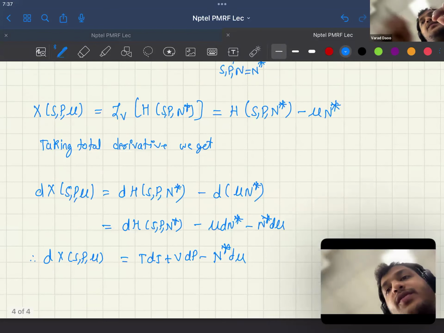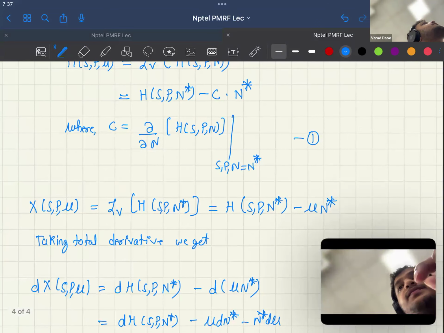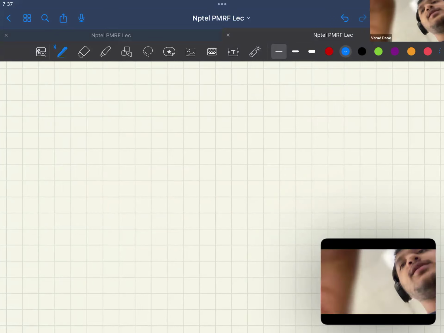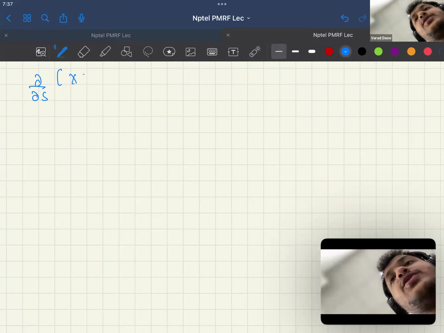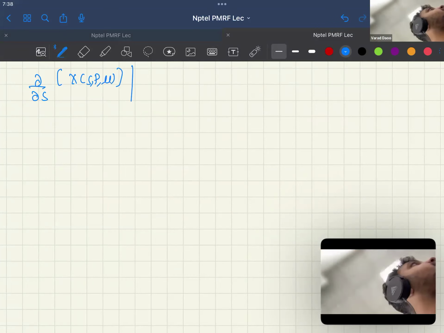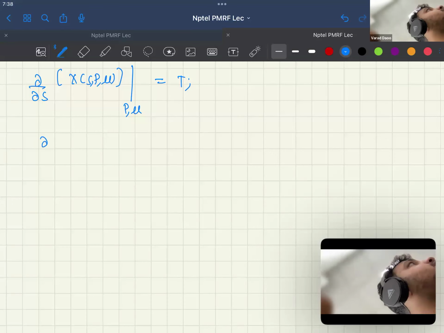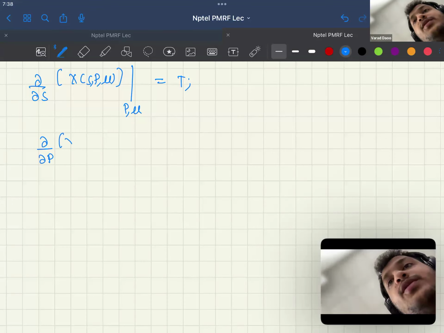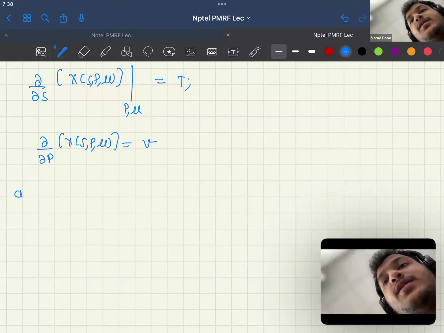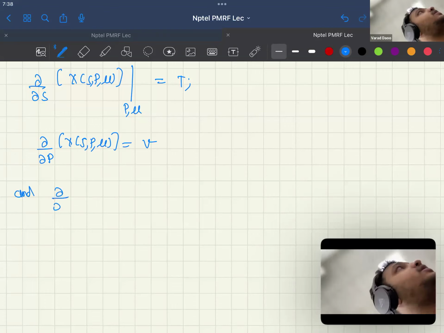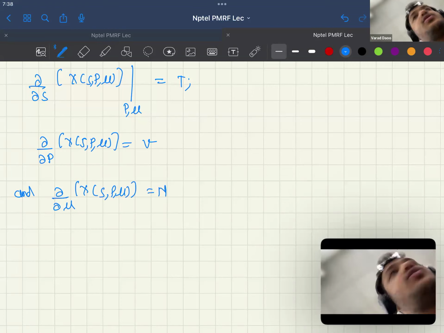What we have is dou by dou S of X of S, P, mu at P, mu is going to be T. Okay. Similarly, dou by dou P of X of S, P, mu is going to be V, and dou by dou mu of X of S, P, mu is going to be N. Okay.